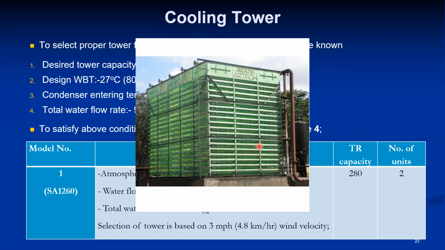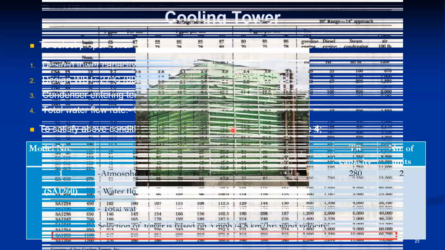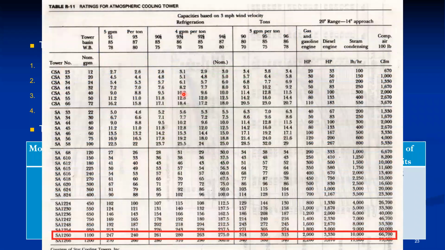So space is not that major a criterion, because if there is a space constraint, then forced cooling towers are generally used, and they are generally installed on the terrace. But if the space is more, because atmospheric cooling towers require more space, but they consume less energy because no fans are provided here. So this is an atmospheric tower, and this is selected again from the chart.